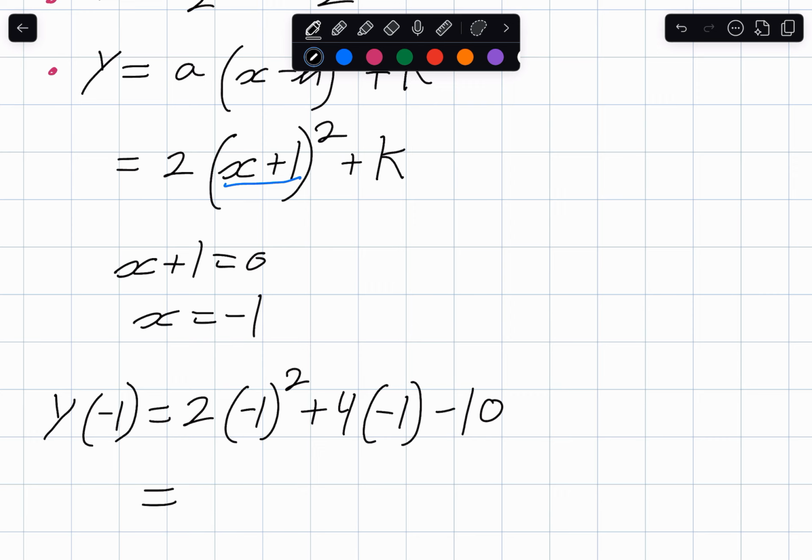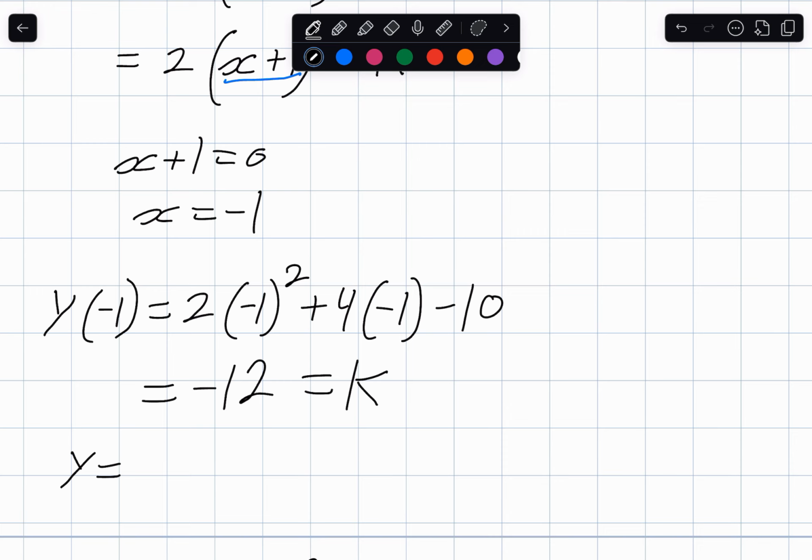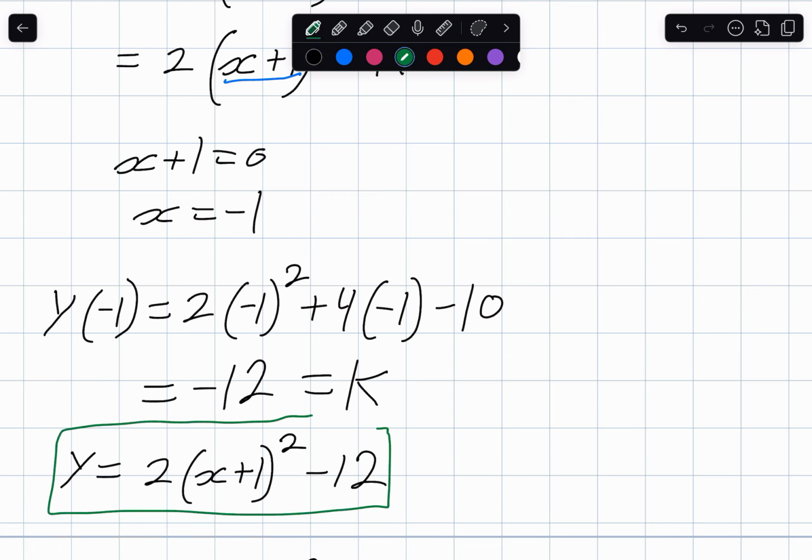So our final form will be y equals, of course we know that our a is 2, then our h is 1, and our k is minus 12. And that's going to be our final answer. So this is how you complete the square.